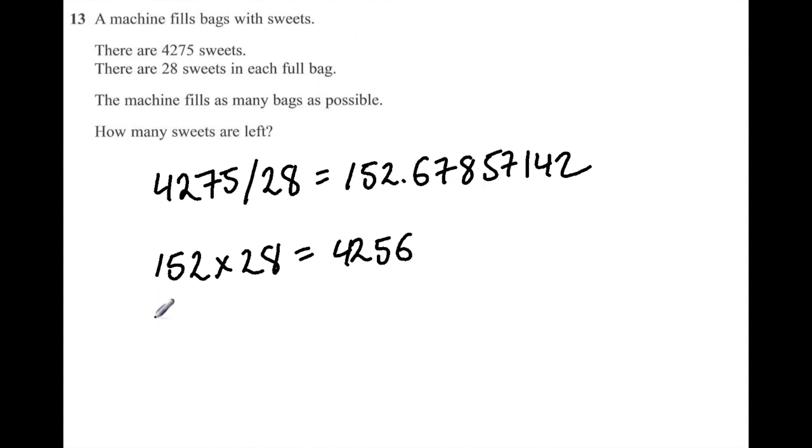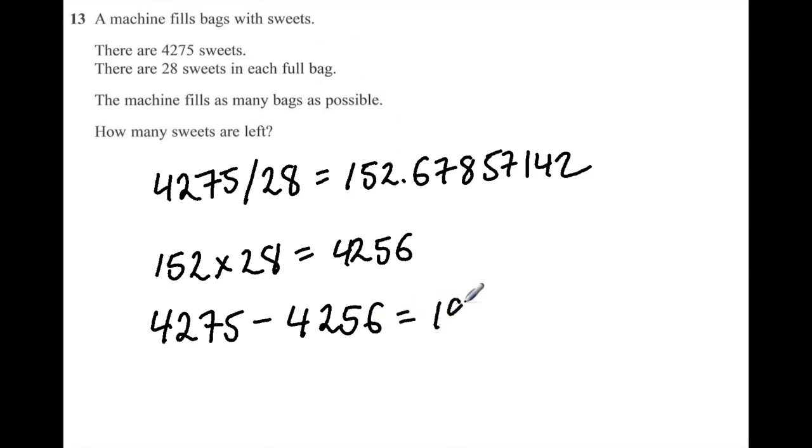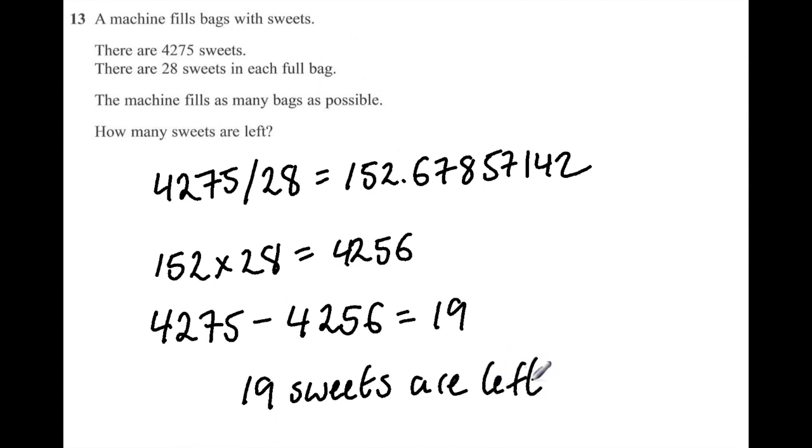So it's 4,275 minus 4,256, which equals 19. So 19 sweets are left. And that's our final answer.